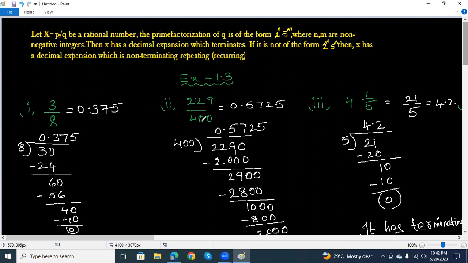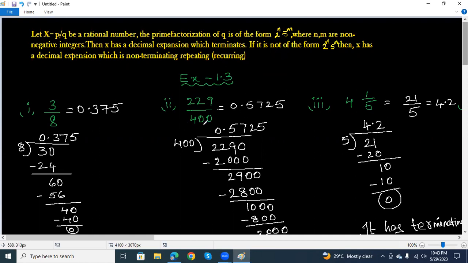So if your denominator is in the form of 2 power n and 5 power m, then it is a terminating decimal. If it is not in the form of 2 power n, 5 power m, then the decimal expansion is a non-terminating repeating decimal. If you can put this denominator in the form of 2 power n and 5 power m as prime factors, then it is terminating.